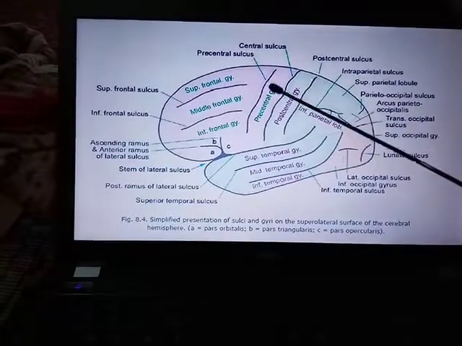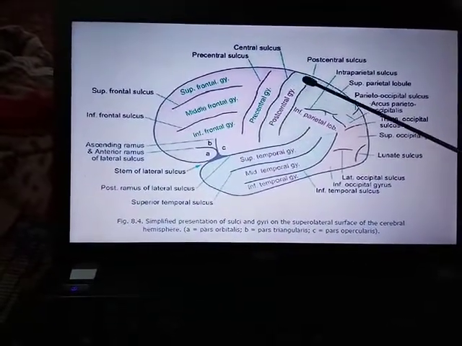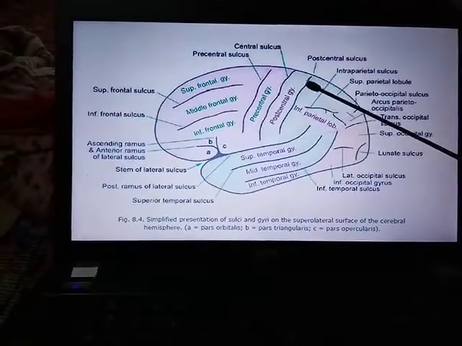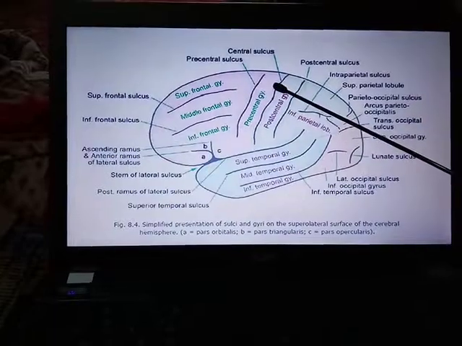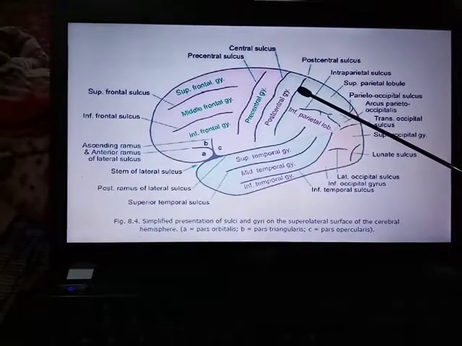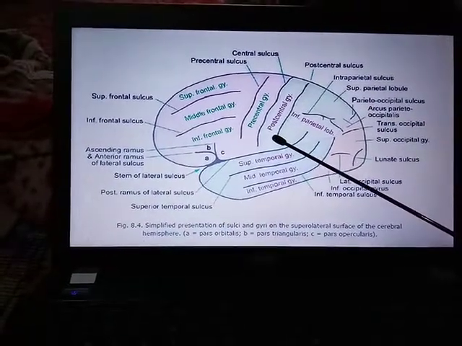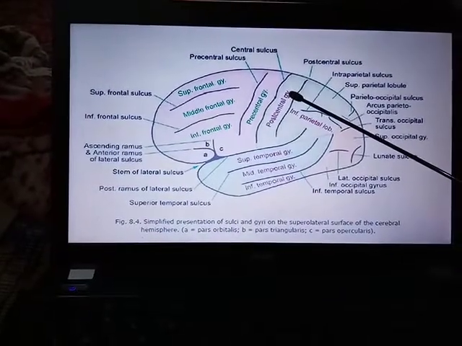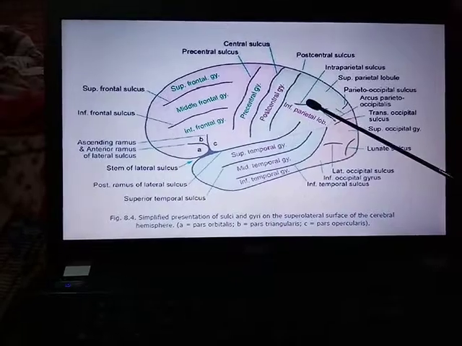Then this is the parietal lobe. In the parietal lobe, you have postcentral gyrus, which is just behind the central sulcus. We have the postcentral sulcus, which is present behind the central sulcus, and it is again parallel to it. In between them you have the postcentral gyrus, which is the sensory area.